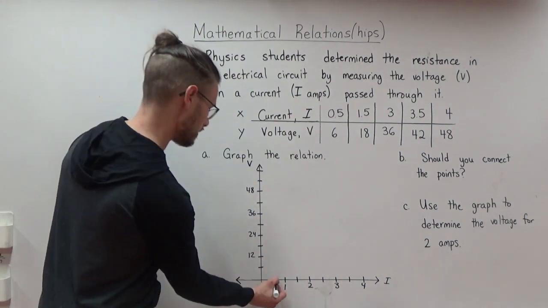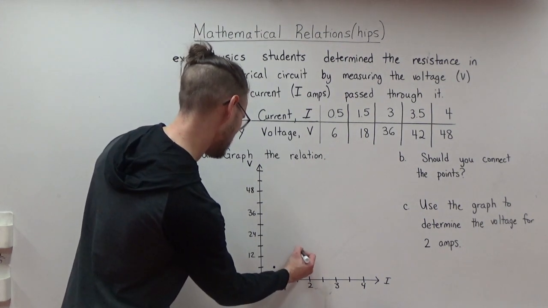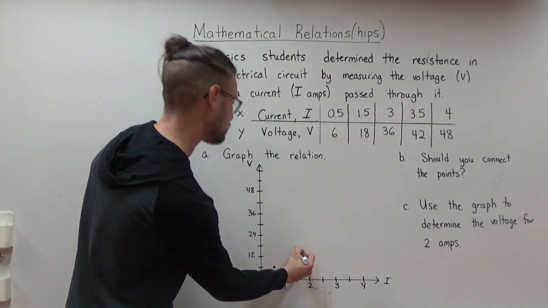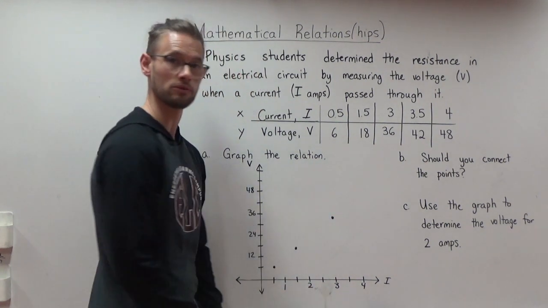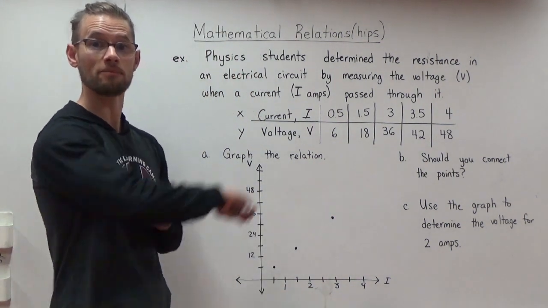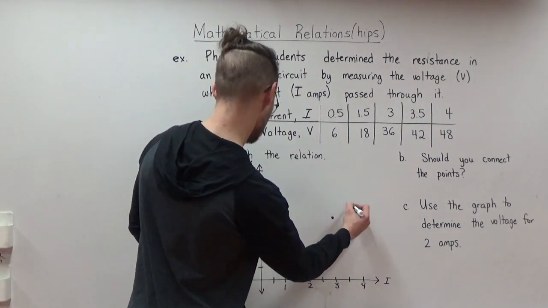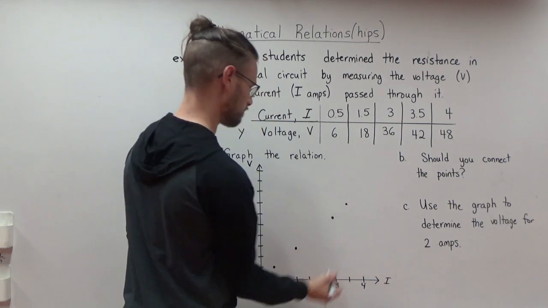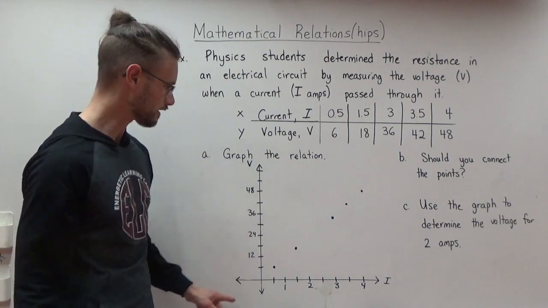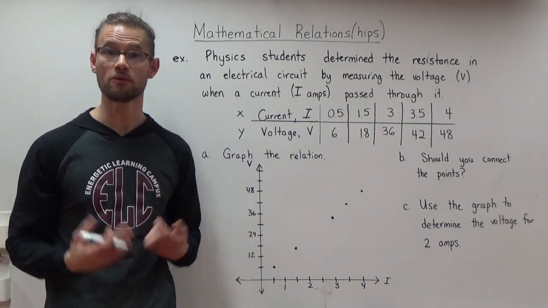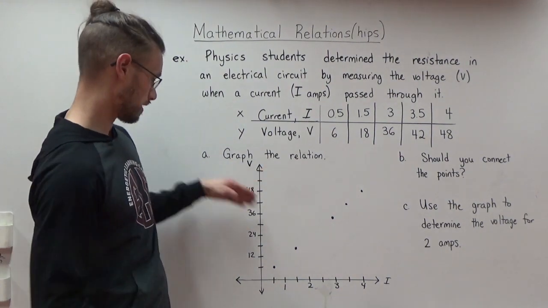Now for this, a half was 6, 1.5 was 18, and I am going to once again notice that this is a linear relation, meaning that it goes up at a steady rate, not that it's connected by a line necessarily, but we'll talk about that little feature in a second. All right, but a linear relation just means it goes up or down by a steady amount. All right, now, there's our graph.